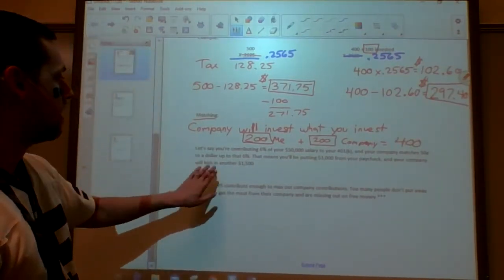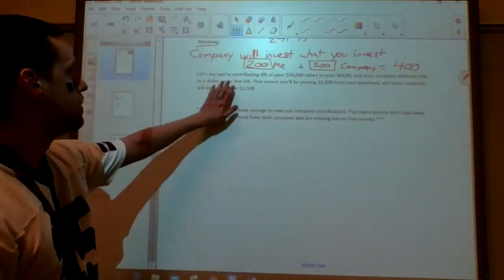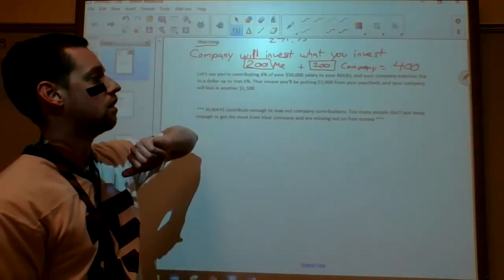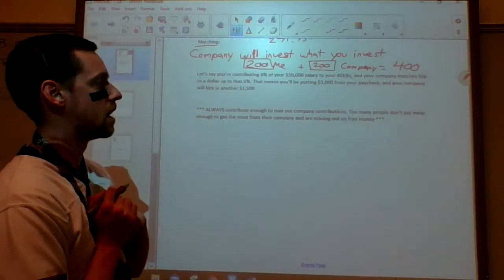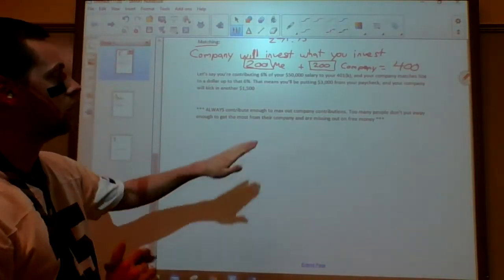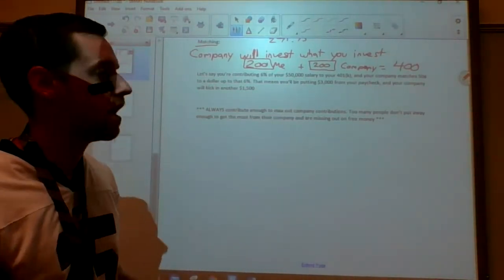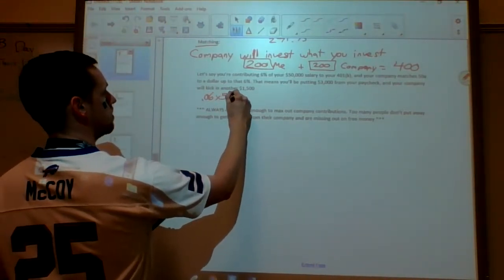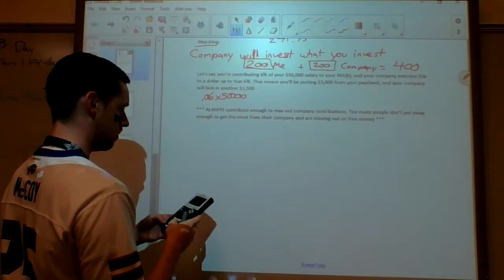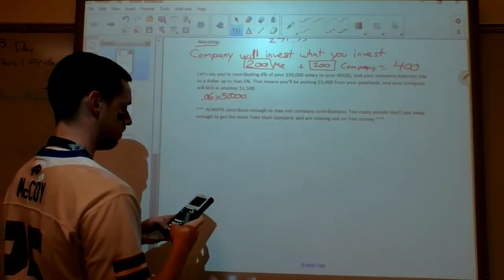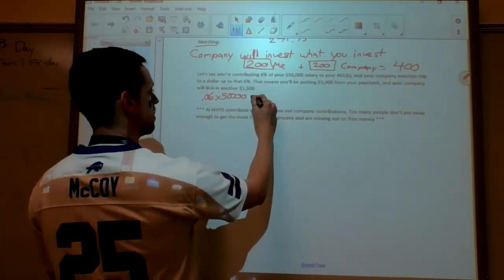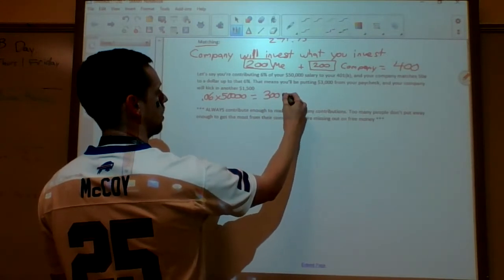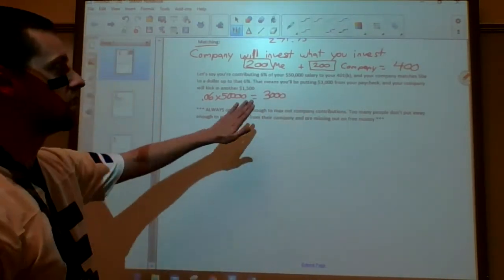Right? So let's say you're contributing 6% of your salary into your retirement account. Okay, so 6% of 50,000, 0.06 times 50,000. Right, that's going to be $3,000. So for the entire year, I'm investing $3,000.